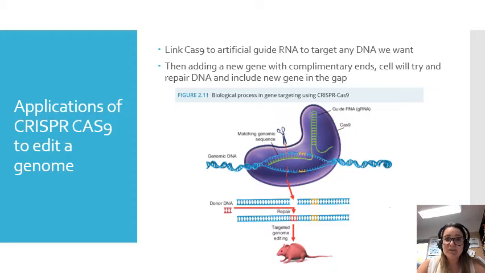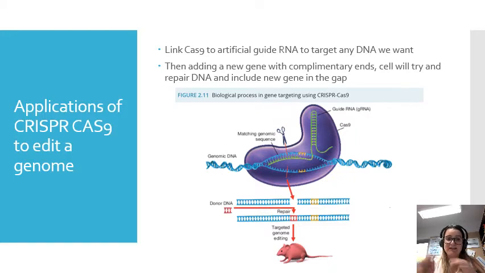So we add this Cas9 with our new artificial targeted RNA sequences. We also add the gene that we want to insert into that organism. And what happens is when that cell tries to repair that DNA, it repairs it and inserts that sequence of DNA exactly where we want it.